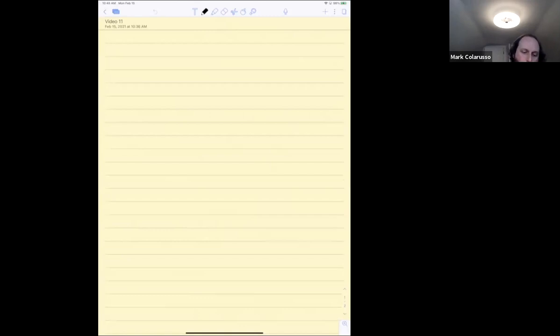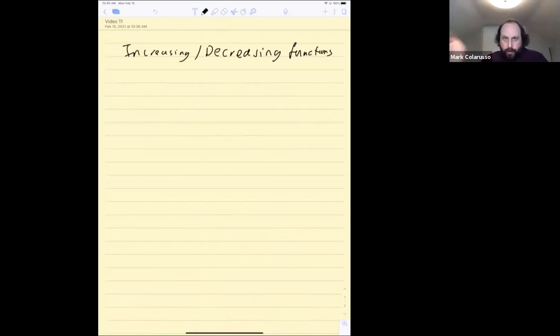We've talked about this before, maybe way back at the beginning of the semester: increasing and decreasing functions. Again, you can follow and fill in the blanks if you want, or you can just make your own notes from the yellow pad. Whatever works for you is fine with me.